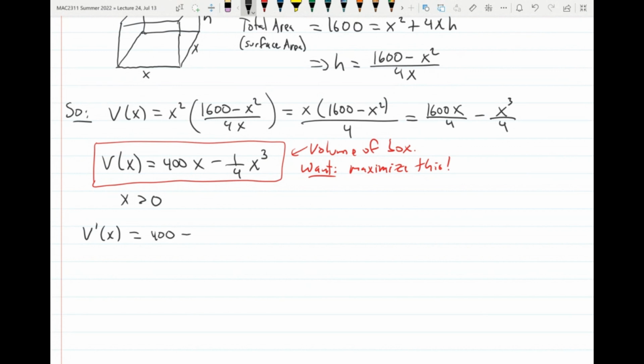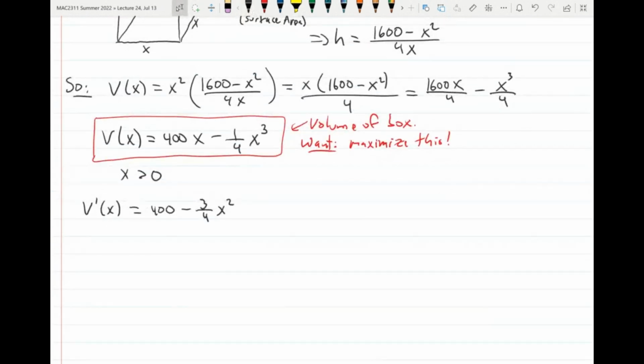So 400 minus 3/4 x squared, right? So the critical numbers are the values that make this expression undefined or 0. This is never undefined, so we just need to worry about when it's equal to 0, right? That's a polynomial. So we want to know when this is equal to 0, meaning we solve this equation.